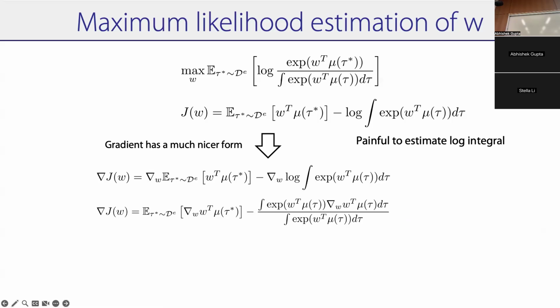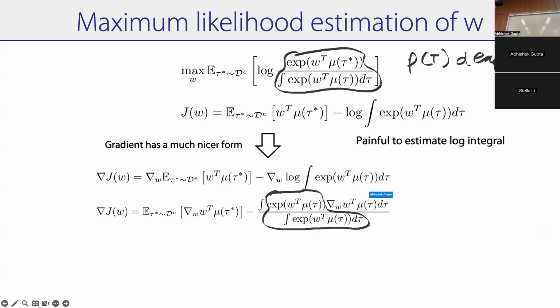The numerator you're going to have an x w transpose mu times the gradient of this thing, which as Mohan said is mu, right? Now, the nice part about this is, we said soft optimality says the trajectory is proportional to the x of w transpose mu, right? If you look at this distribution over here, it's exactly the same as this distribution, right?